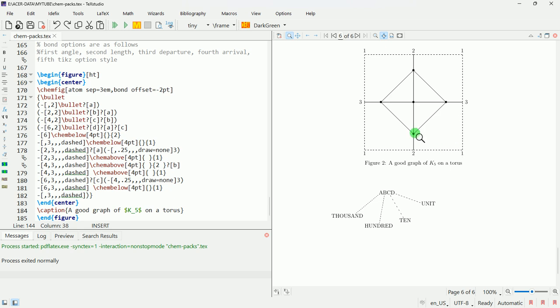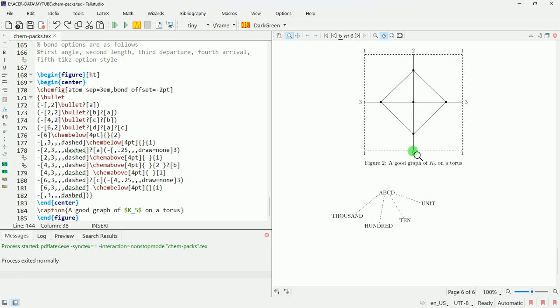So this line is which line? This line is this one. So this 2. Chem below 4.2 means this number is 2. So below this molecule, chem below means below this molecule, here it is an empty molecule. Below that empty molecule, that's why this curly bracket empty is there, 2 will be written.